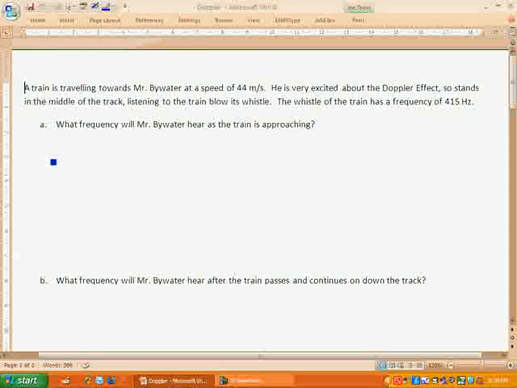So that general equation is that the frequency heard by the observer is equal to the frequency of the source, which is going to be multiplied by 1 plus or minus the velocity of the observer divided by the velocity of the sound, divided by 1 minus or plus the velocity of the source divided by the velocity of the sound.